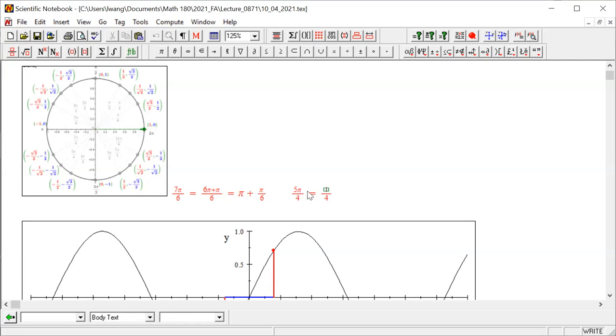It's just for convenience, because it helps you to measure. We have 4 pi plus pi is 5 pi, so 5 pi over 4 becomes pi plus pi over 4. This makes the measurement so much easier.